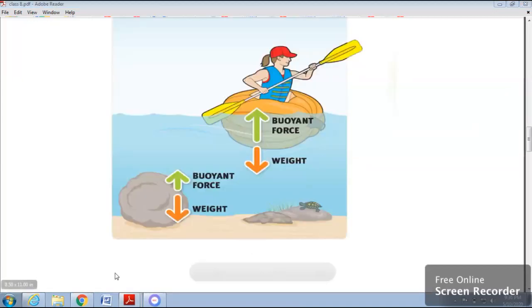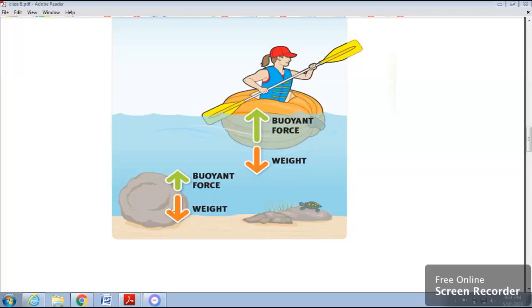Watching this diagram, you can see two different conditions. In the first condition, the boy is sitting in a boat looking like a pumpkin, and the direction of buoyant force and weight is opposite to each other.